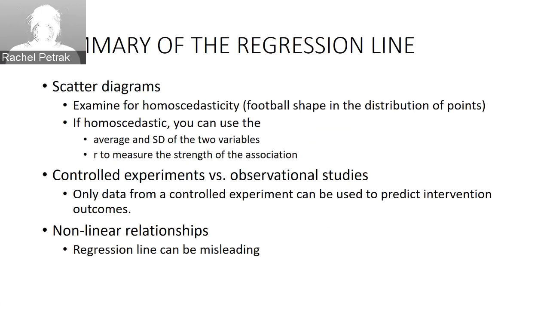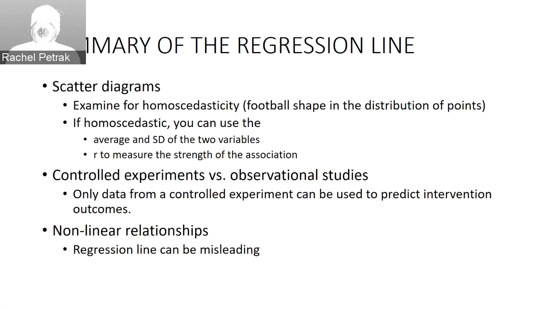And once you've moved to the point of mapping a regression line, you want to also use your scatter diagram to make sure that these data are appropriate for regression.